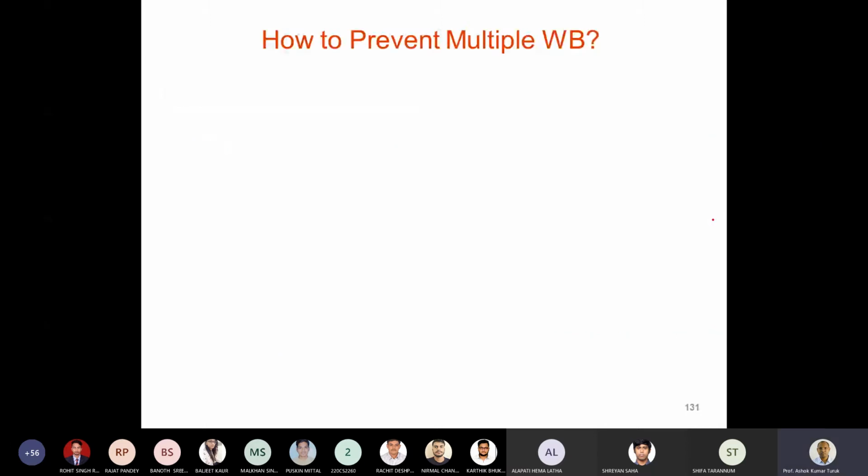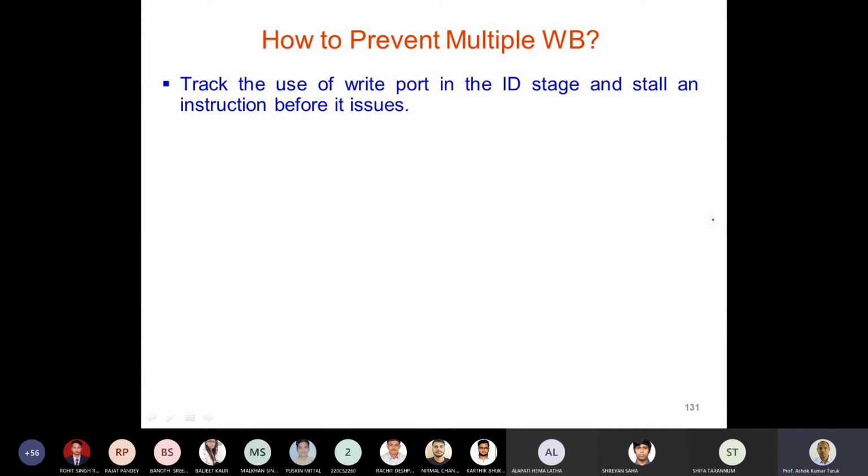So let's discuss how to prevent multiple write backs. To handle multiple write backs, look at the instruction decode stage. Track the use of the write port in the instruction decode stage, and stall an instruction before it issues.